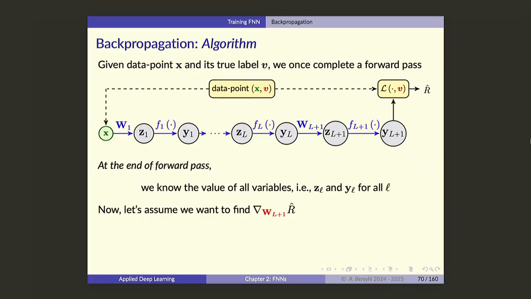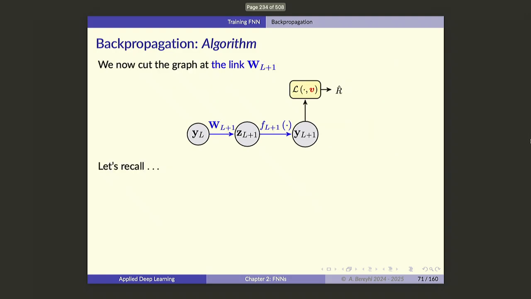Now the thing that you want to do is compute the gradient with respect to weights. Let's start with the very last weight, right? So if we just move backward, this is the first guy that we're going to meet. And how can I write down the gradient with respect to this particular weight matrix? Well, this is a combination of those local operations that we had. So what can I say?